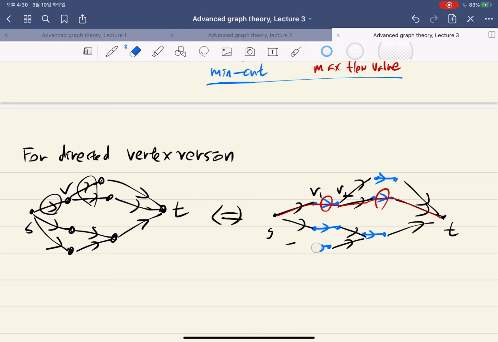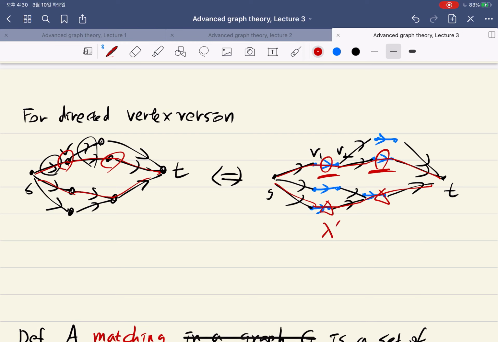So the second path cannot use those edges anymore. But this edge corresponds to the vertex here. So these paths actually correspond to paths here, which are vertex disjoint. So lambda prime st is the same as lambda st in this graph. So say this is G, this is G prime.